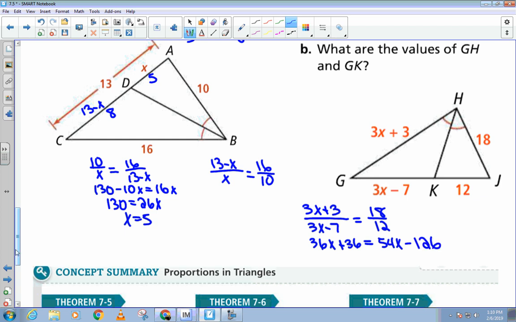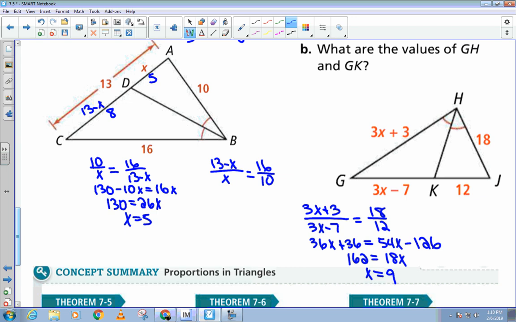So I'm going to subtract 54 and 36, that gives me 18x. And then add 126 and 36, which is 162, and then divide that by 18. And so x ends up being 9.